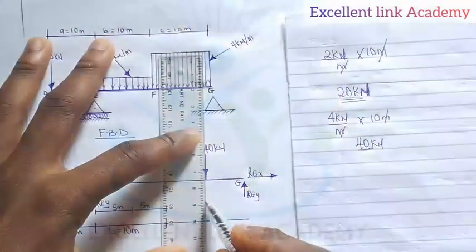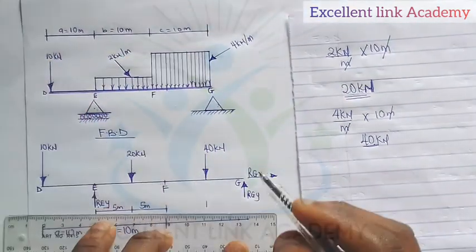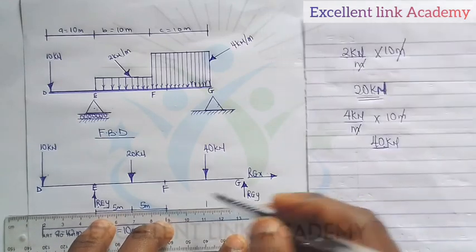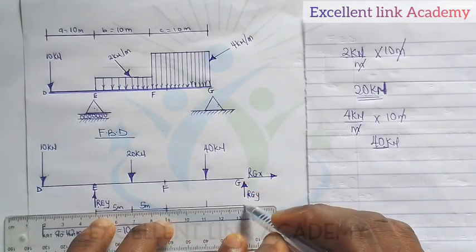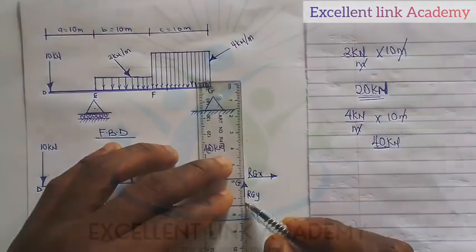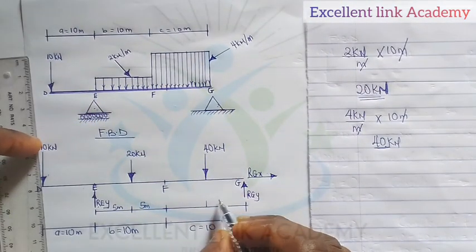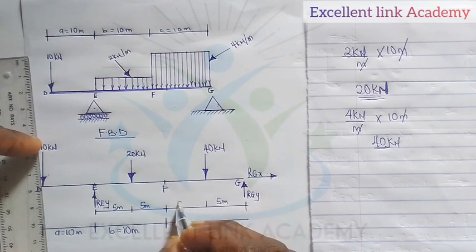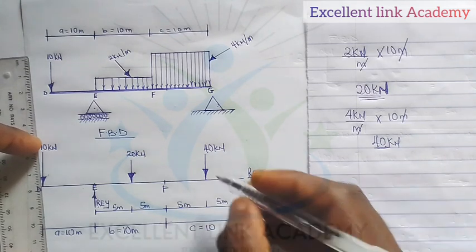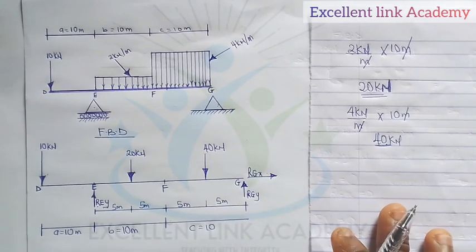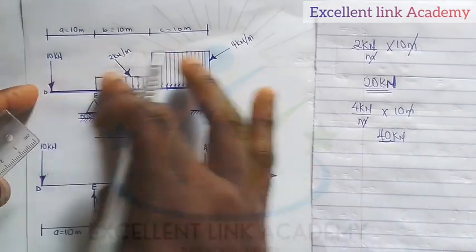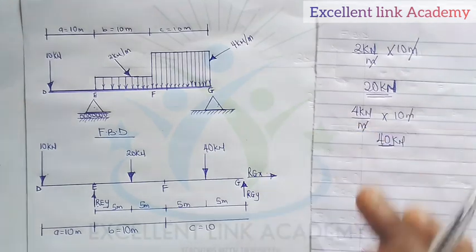Since from here to here is given to be 10, here is 5 meter and here is 5 meter. If I add them together, I have 10. It's still correct. So we have successfully converted all this stuff towards our free body diagram.